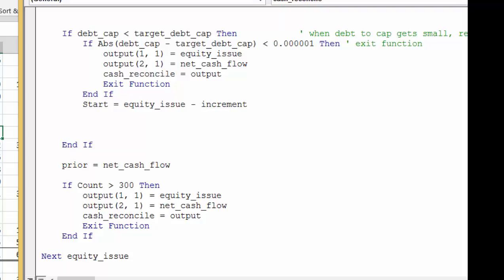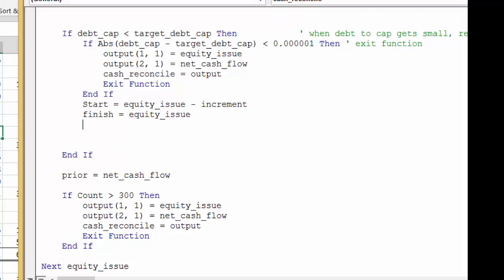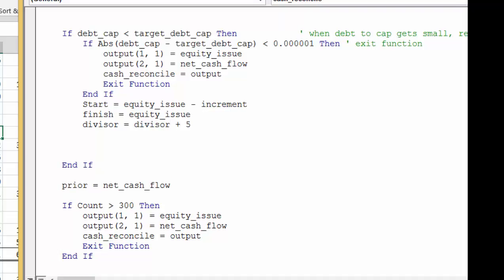Now, finish equals equity issue. And now let's be a little aggressive. Let's say divisor equal divisor plus 5. Now there's probably some scientific Google mathematics that say exactly how much you should increase things like the divisor by, but we'll just do it like this.